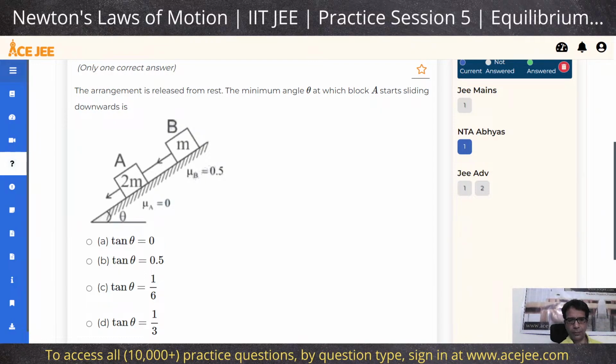Yes, 3 mg sin theta is equal to mu mg cos theta, or tan theta is 1 by 6. Let's look at the JEE Advanced question.